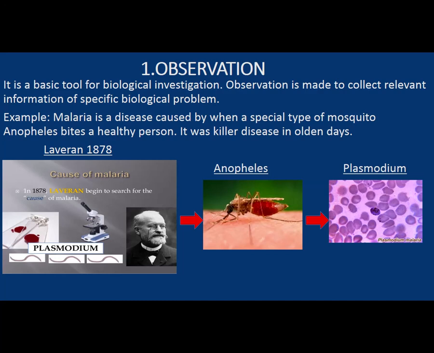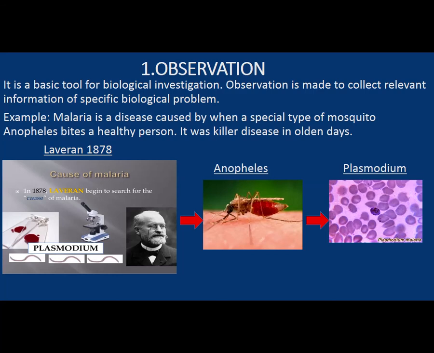With the help of a microscope he saw that some small creatures are present in the blood of malarial patients. They get into the blood by a mosquito called Anopheles.